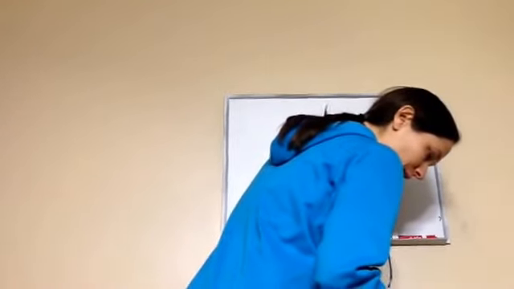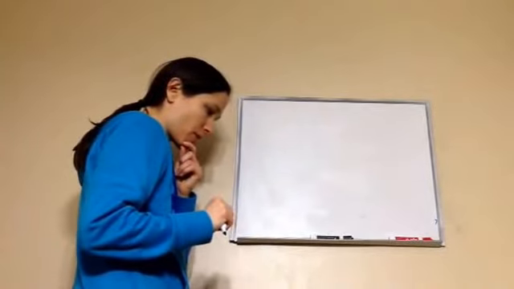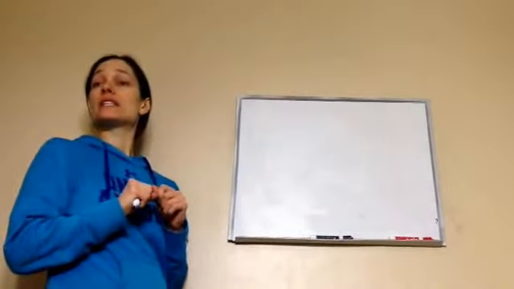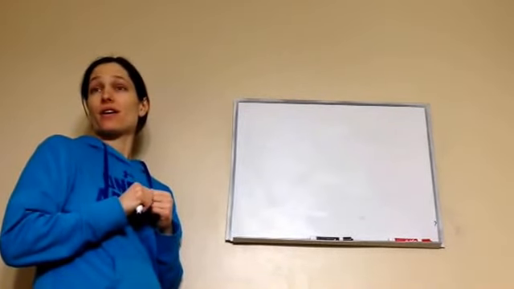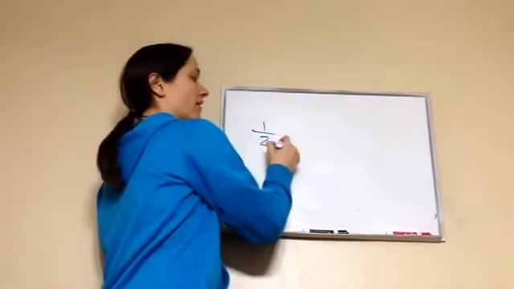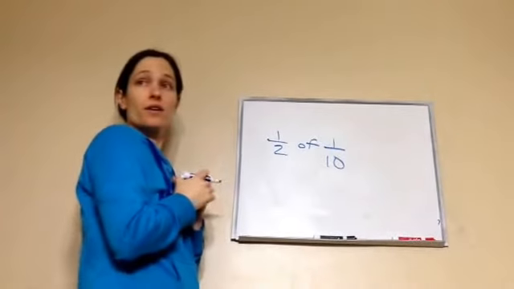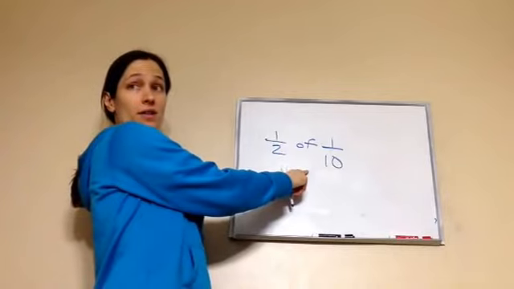Now, last problem that you're going to do on this, and I've got one more little part to it. Show me 1/2 of 1/10. What's your answer? 1/2 of a 10th. Look what I'm doing.